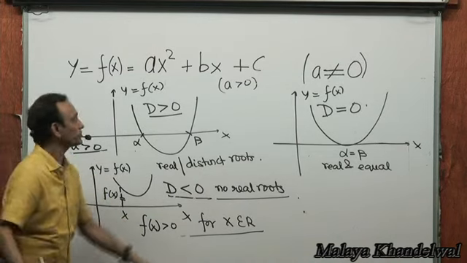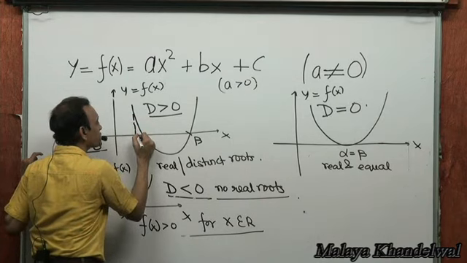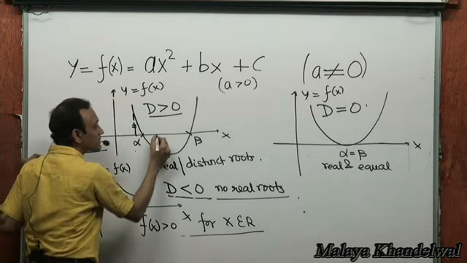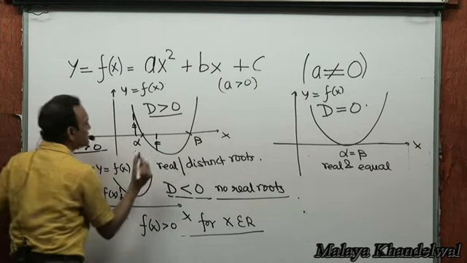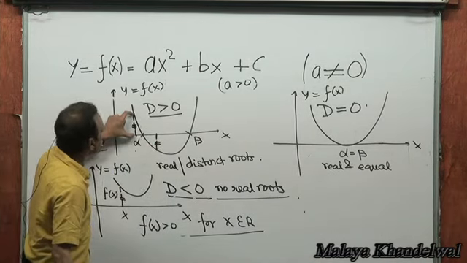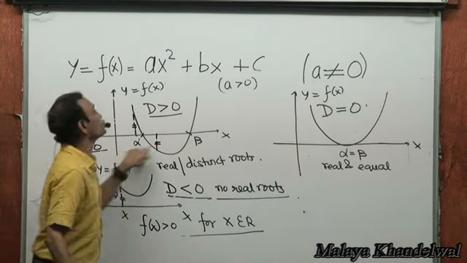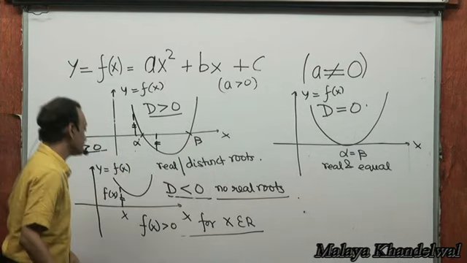Yes or no? Yes. However, if you find that the quadratic expression is positive for some x and negative for some x, that means it changes sign at least once, then you can be guaranteed that it must have two distinct real roots. Right?